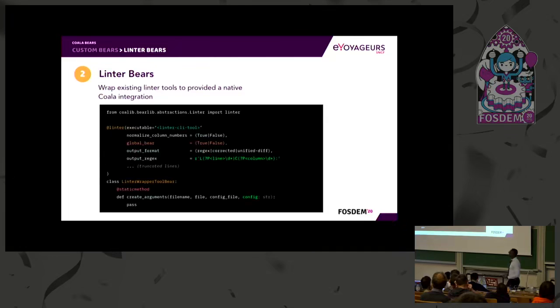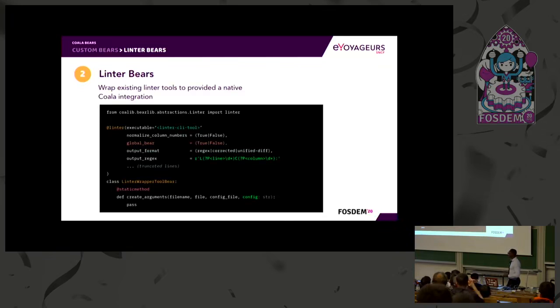That's why you use a linter beer. You specify the executable, and you have to say if this beer is global or not. If it's global, it means your tool analyzes the whole project. And if not, it means your tool analyzes the files, file by file.